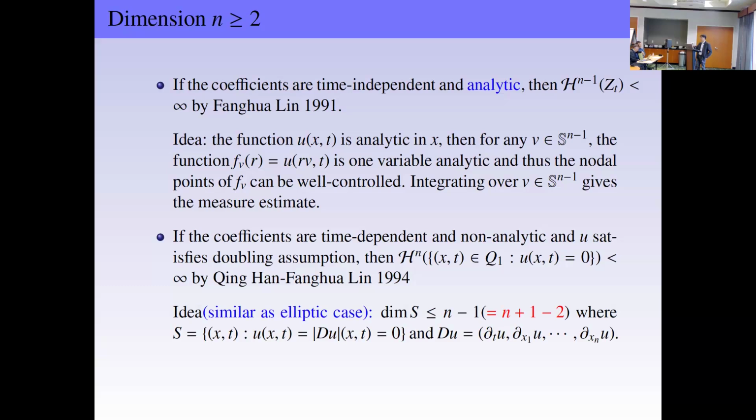Then using a similar idea, they prove that the Hausdorff measure of this Nodal set is finite. This is for space-time. So from these results, we can see that for higher dimension, we only know that in the analytic case, it has finite measure. For the general non-analytic case, we don't know anything yet for each time slice.